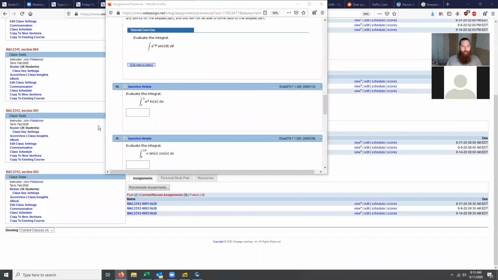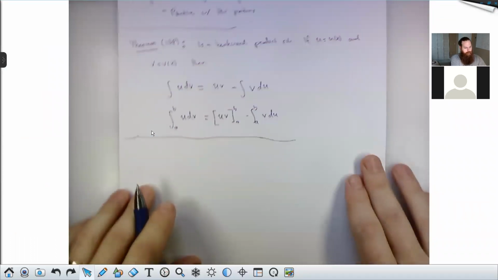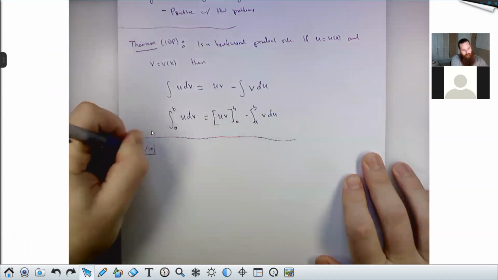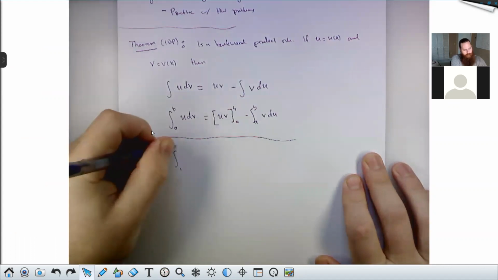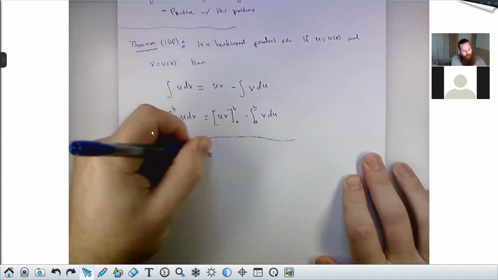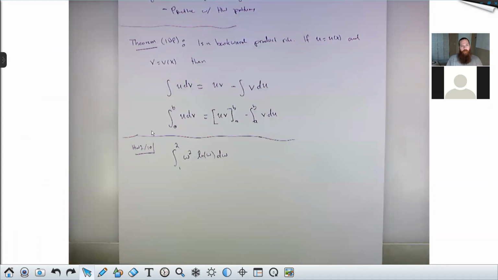All right. So let's take a look at number 10. So we want to integrate w squared times the natural log of w dw.